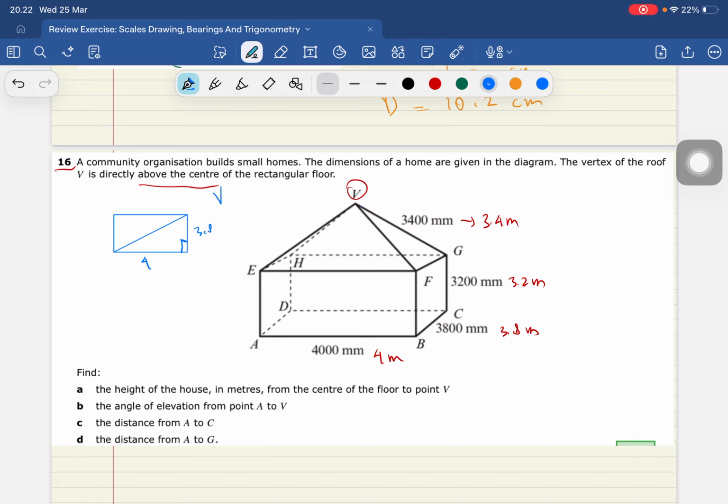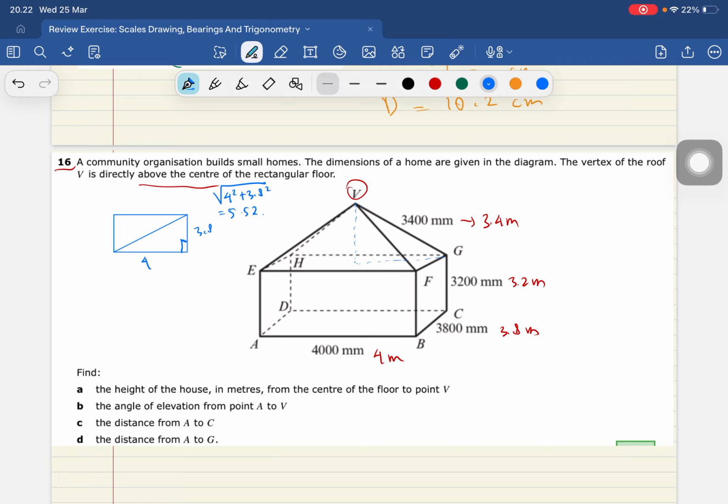So square root of 4 squared plus 3.8 squared. You can use a calculator to solve this problem. So this is 5.52.